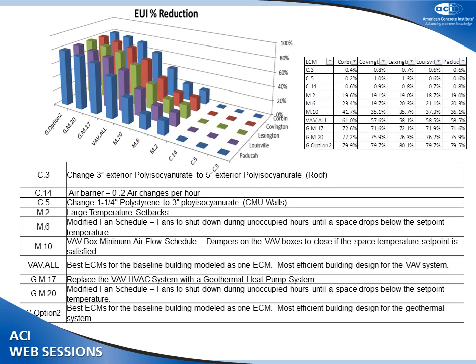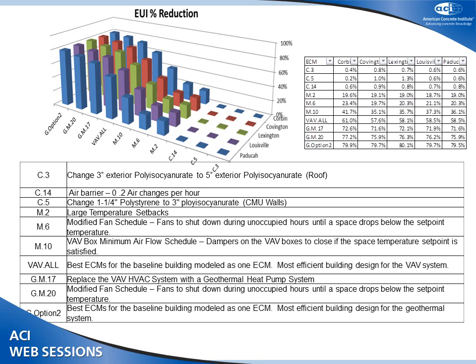So if you look on the right-hand side here, on the right margin of that graph, you can see the cities. The vertical axis is percent energy reduction, or actually reduction in energy use index in this case. And then you have a variety of different energy conservation measures on the left.